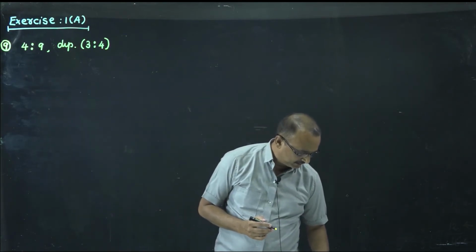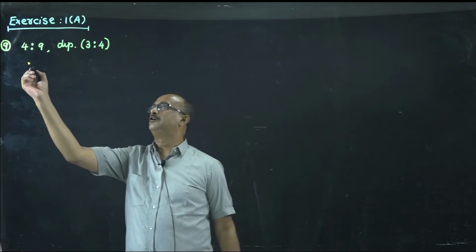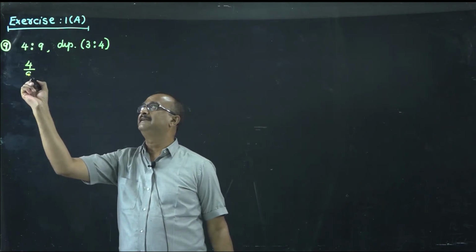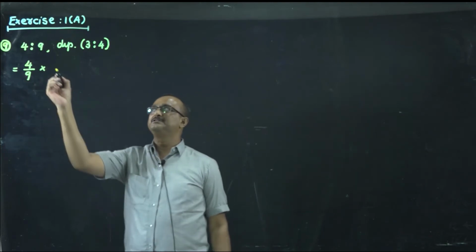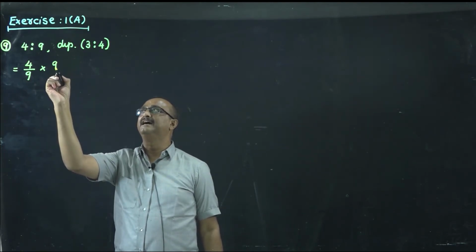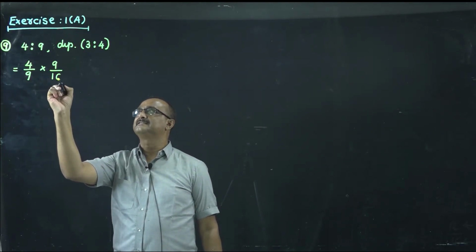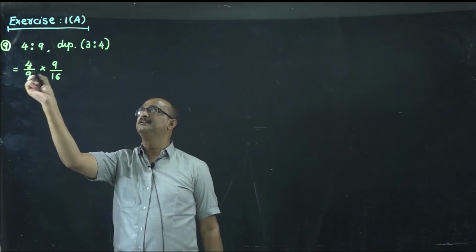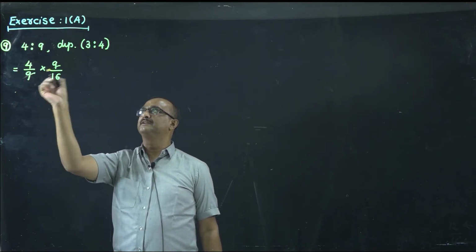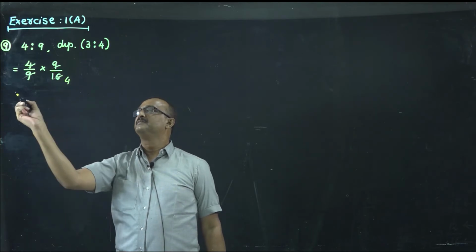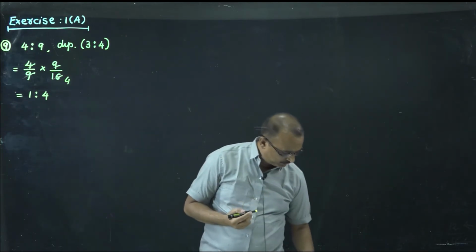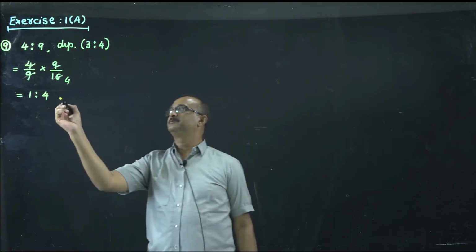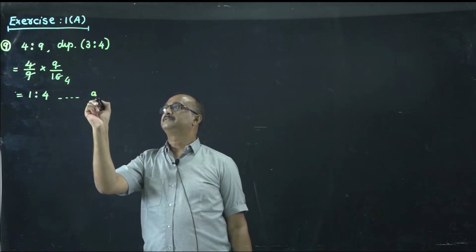It is the product. The compounded ratio of 4:9 means 4/9 into the duplicate ratio of 3:4. What is the duplicate of 3:4? It is 9 and it is 16. 9 cancel, 4 4s are 16. So our answer is 1:4. So option A is correct.